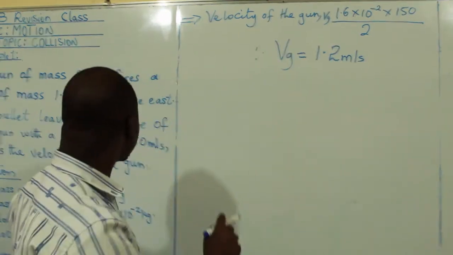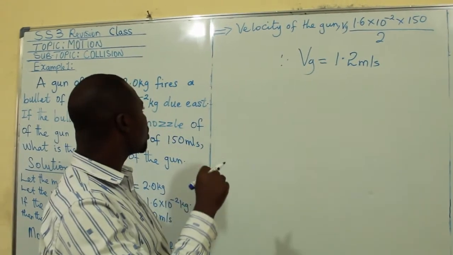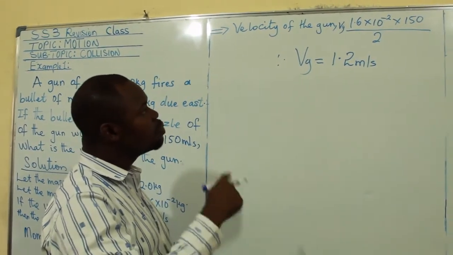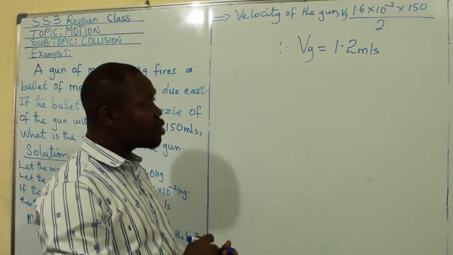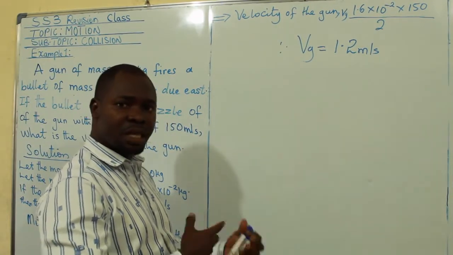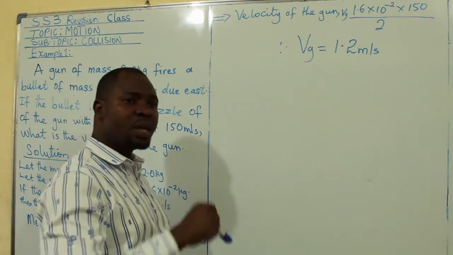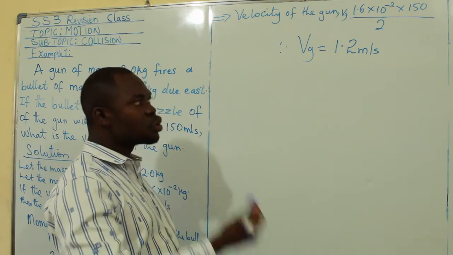Now the question says the bullet moves towards the east. So what happens to the gun? The gun and the bullet move in different directions, so if the bullet moved towards the east, then the gun will move towards the west.